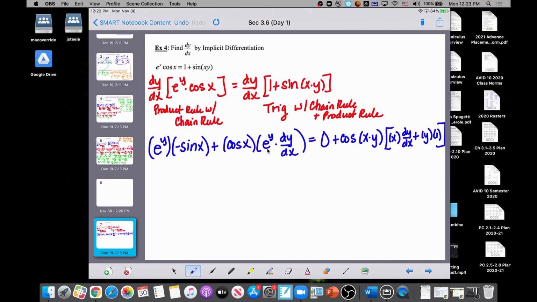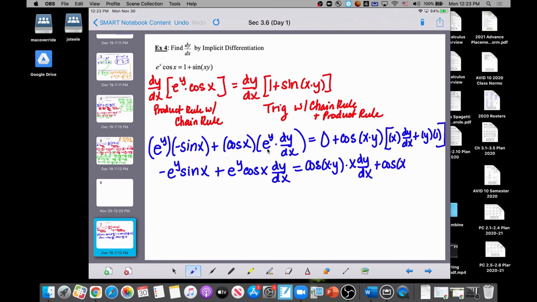All right, now let's clean this up. We have negative e to the y sine x plus e to the y cos x dy dx equals cosine of x times y times x dy dx plus cosine of x times y times y.